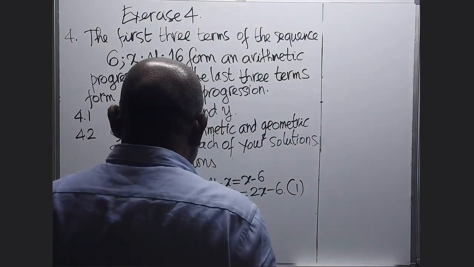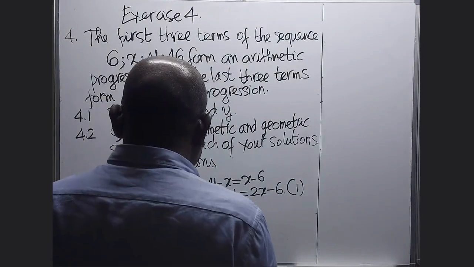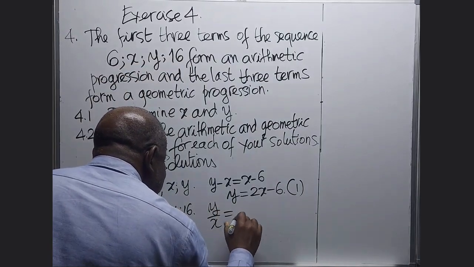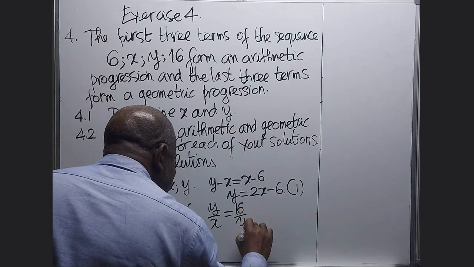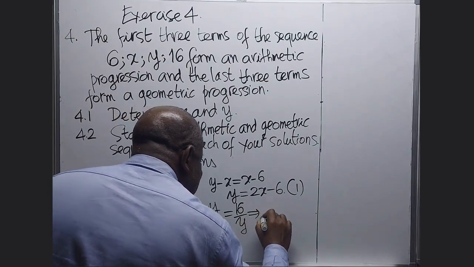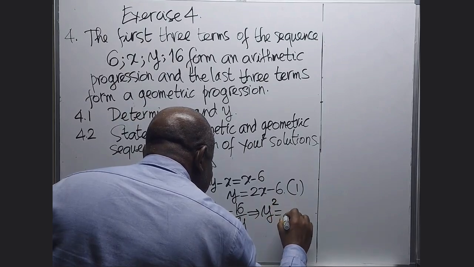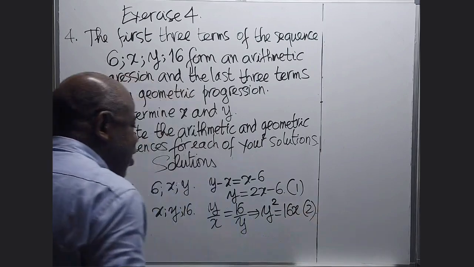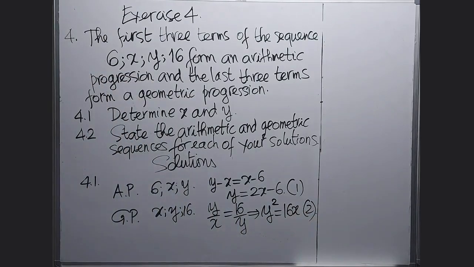So here we have y over x equal to 16 over y, and this implies that y squared is equal to 16x.